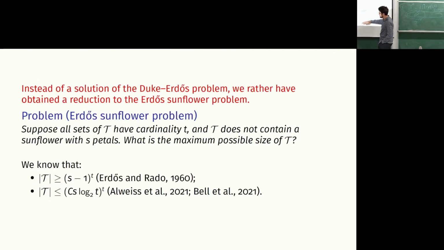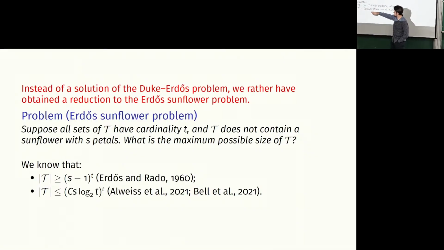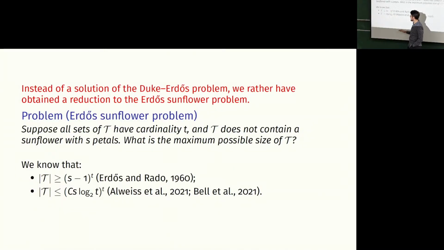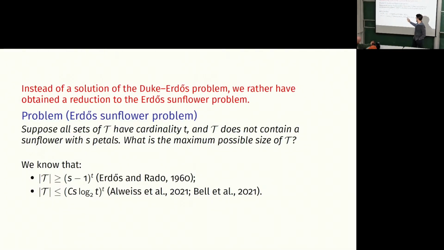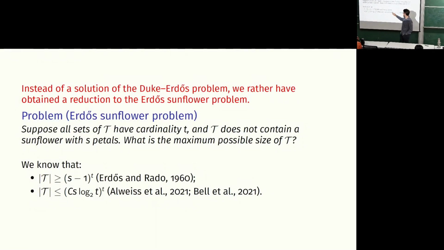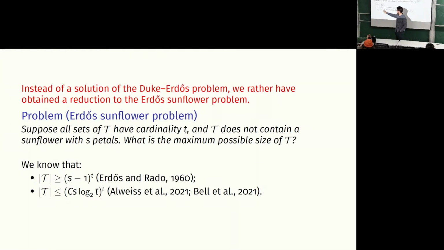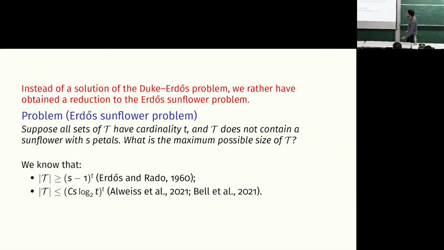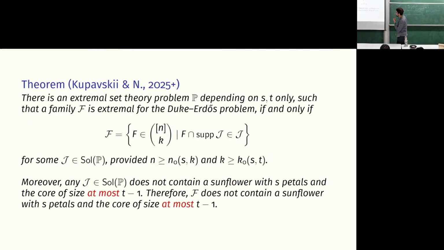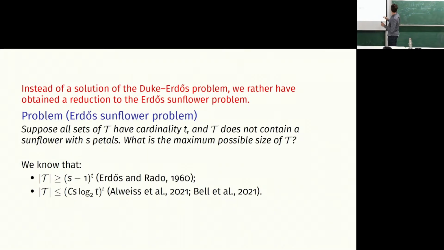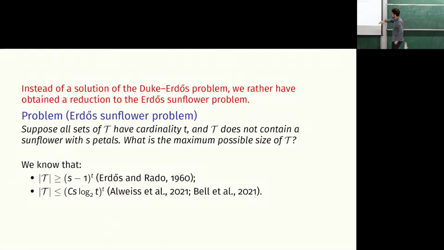And from the paper of Erdős and Rado, we know that the extremal T is at least S minus 1 to the power T, and at most, as guaranteed by Alweiss and some refinements due to Bell, Warnke, etc., C log T to the power T. But this problem gives us not exact results, but some first level approximations.